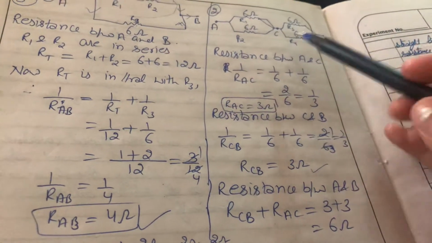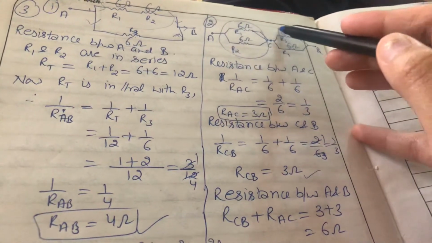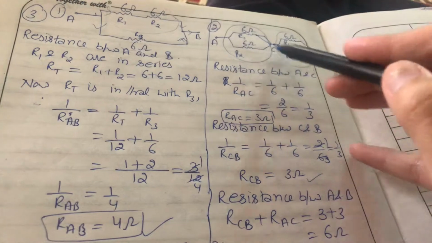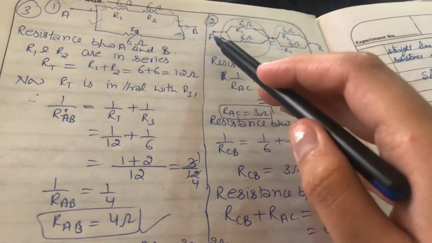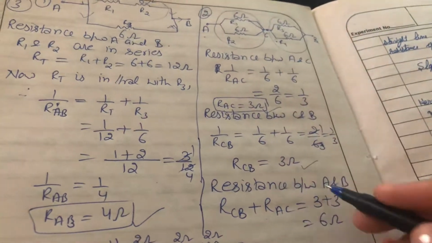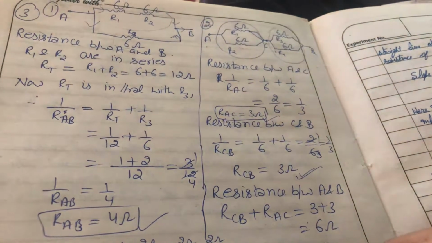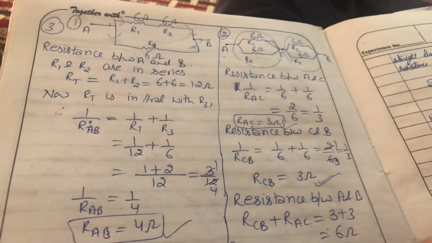Now these two systems are in series. So the total resistance between A and B will be RAC plus RCB, that is 3 plus 3 is equal to 6 ohm. Clear?